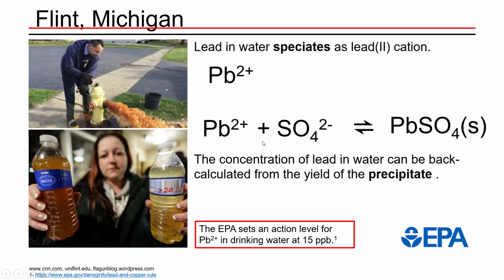Knowing the stoichiometry of the reaction between lead and sulfate is 1-to-1, we can use basic stoichiometry principles to back calculate the concentration of lead 2+ in an original drinking water sample if we know the mass of the precipitate that we collected and we know that the precipitate that we collect is highly pure.